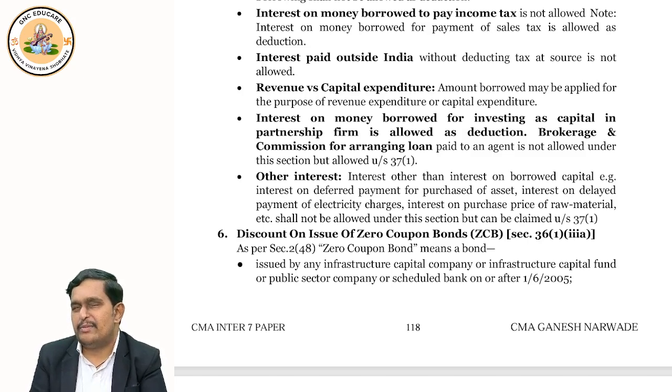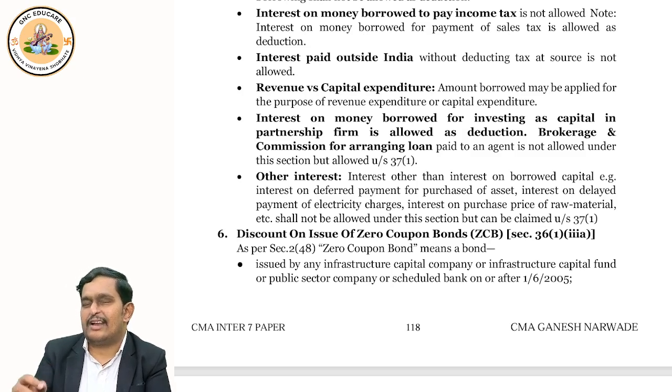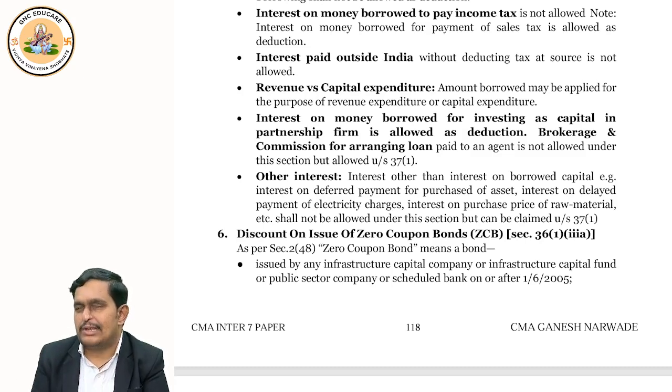The usage may be for operational purpose, that is revenue, or infrastructure purpose, that is capital. Both are fine. But did you take the loan for business? Are you incurring the interest expenditure? That's it. You can claim deduction of interest.